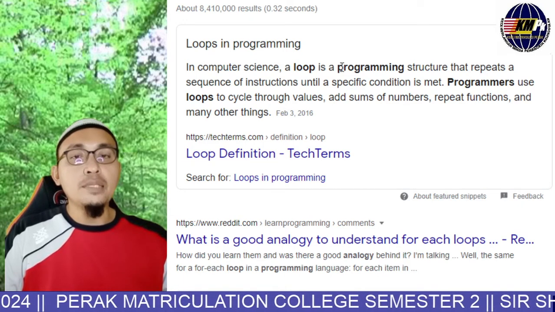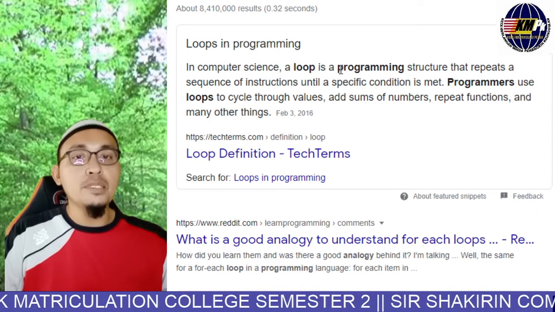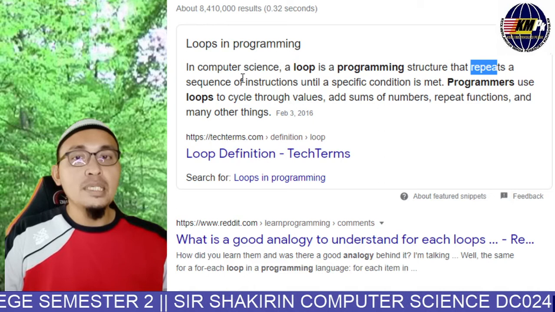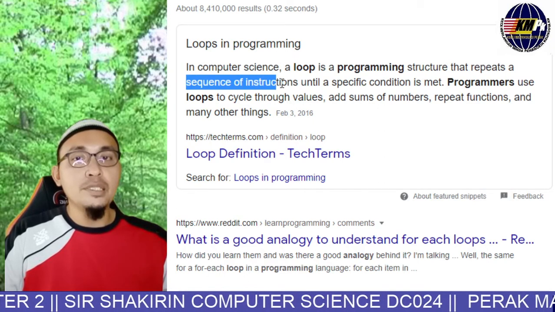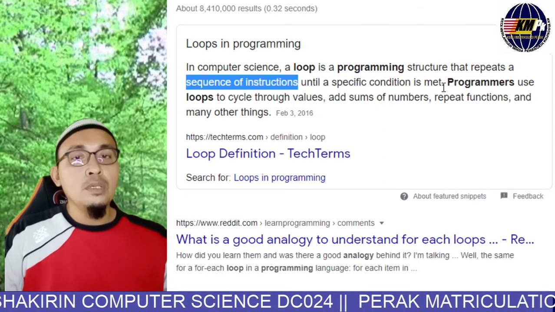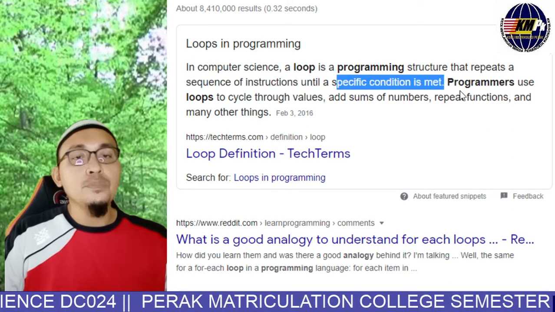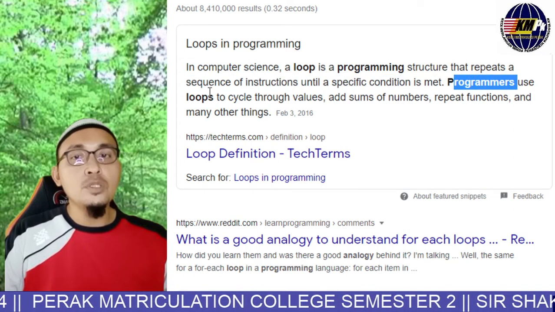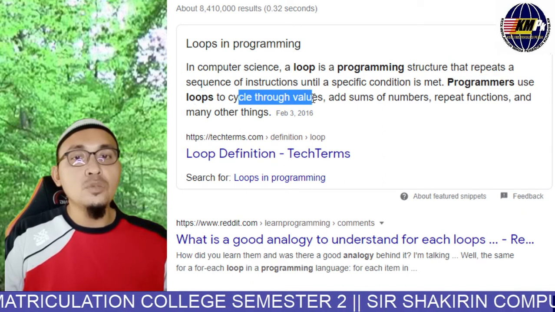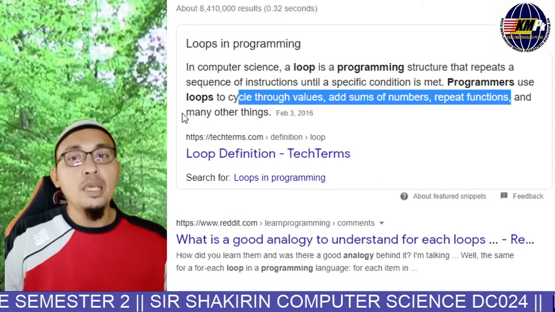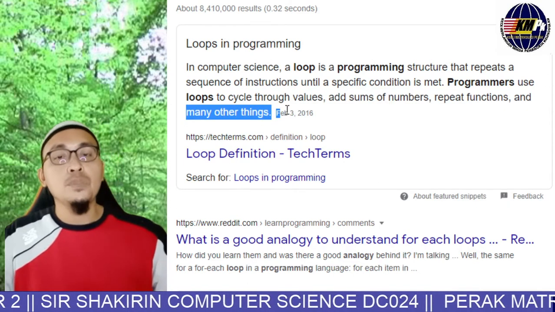In computer science, a loop is a programming structure that repeats a sequence of instructions until a specific condition is met. Programmers use loops to cycle through values, add sums of numbers, repeat functions, and many other things.